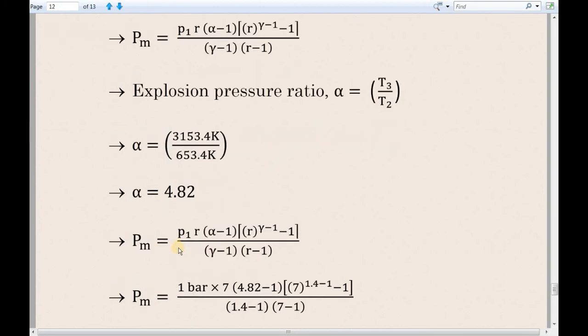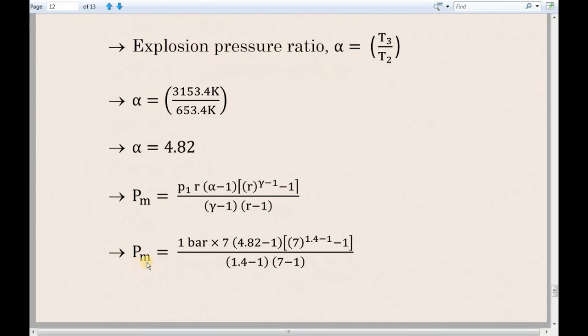So now in this formula we know the values of P1, R, alpha and gamma. So just substitute the values. We get Pm is equal to 1 bar into 7 into (4.82 minus 1) into (7 to the power of 1.4 minus 1) whole divided by (1.4 minus 1) into (7 minus 1). In this RHS, 4.82 minus 1 is 3.82 and 1.4 minus 1 is 0.4 and 7 minus 1 is 6.